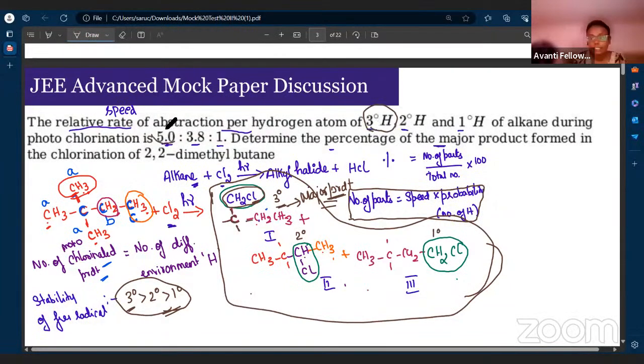So how many 3-degree hydrogens do you have? When I take the environment A, here only you are getting the 3-degree major product. So how many 3-degree do you have? Like 3 is 9. So 9 into the relative rate, which is 5. Okay, so the relative rate is 5.